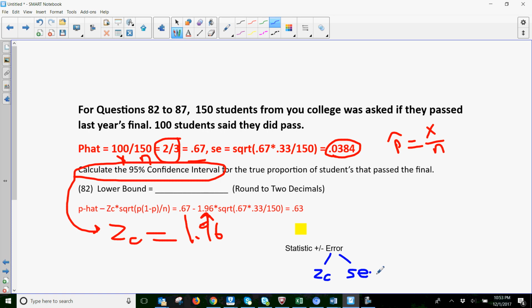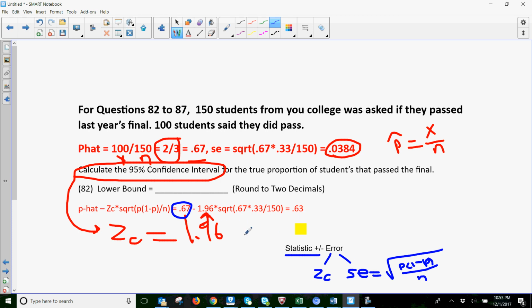With p hat, remember the standard error is the square root of p times 1 minus p over n. So what we get is our 0.67, which was our statistic, and then to get the lower bound, we do minus 1.96 times that standard error.